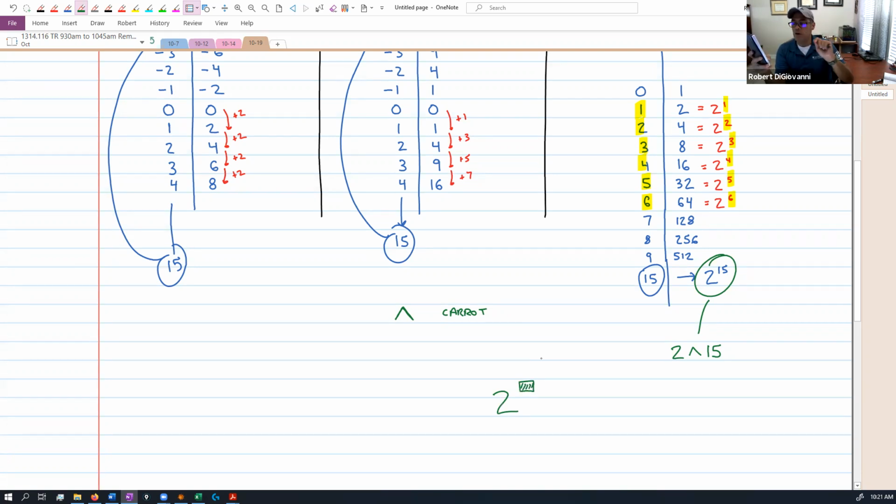That's telling you to put a number in there. So I put 15 in there, so that it looks like this on your calculator, and then hit enter. And you get your number, which is 32,768.